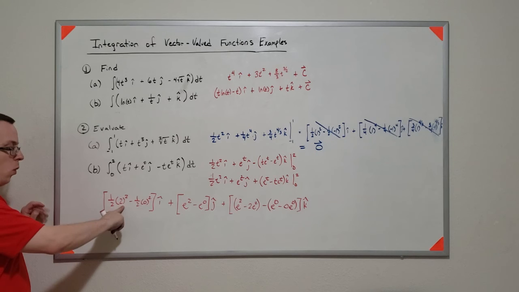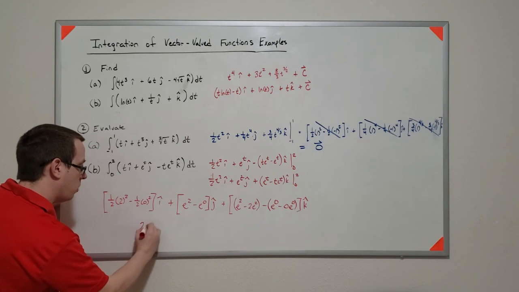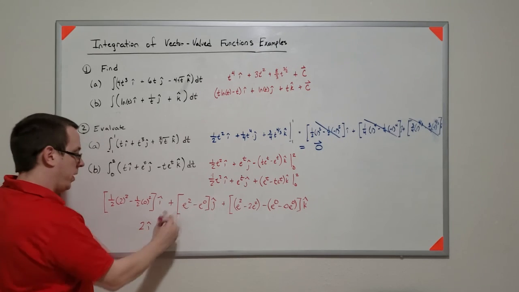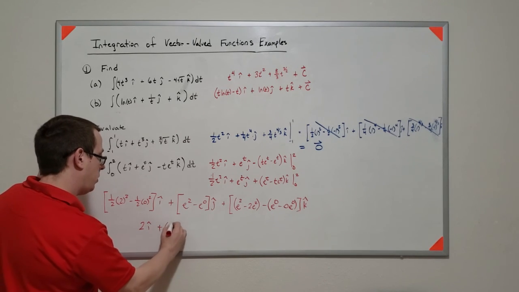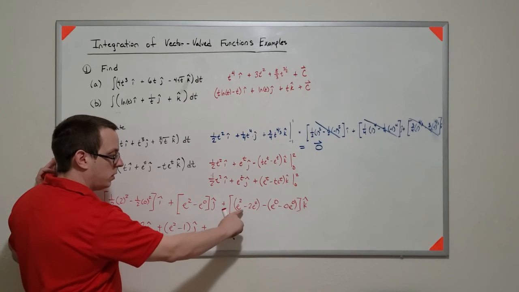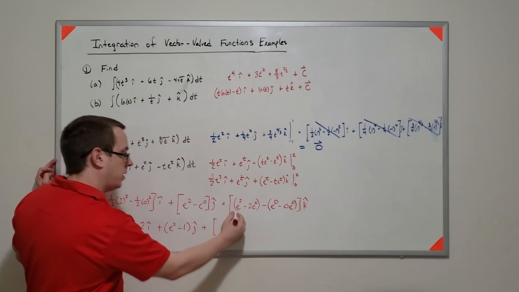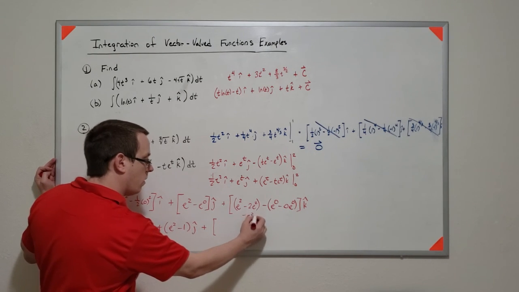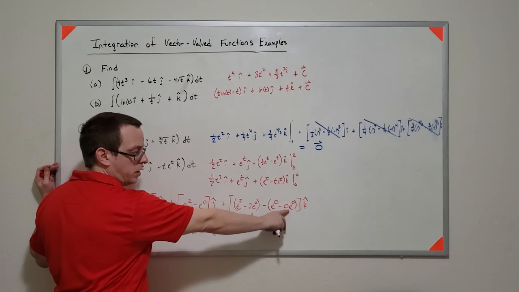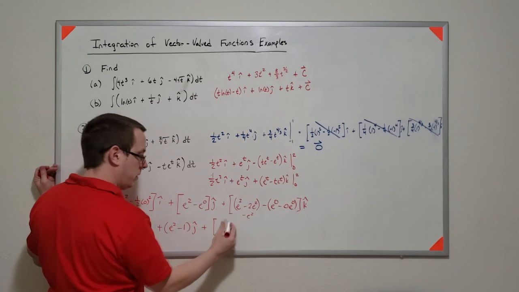Well, 4 divided by 2 is 2. So we have 2i. e to the 0 is 1. So this is e squared minus 1, j. So that's e squared minus 2e squared, so that's negative e squared here. And 0 times anything is 0. e to the 0 is 1.